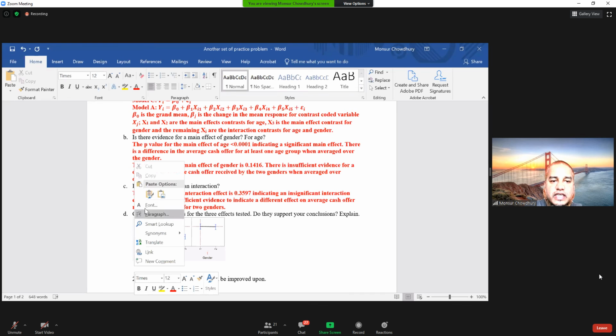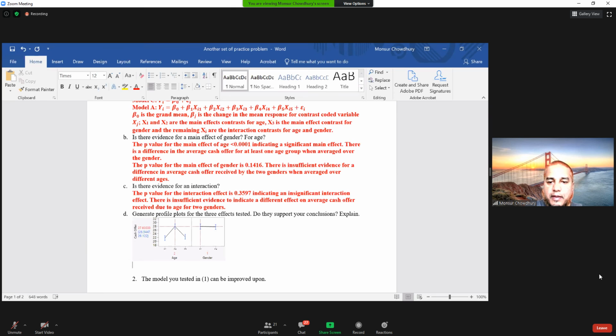Now we can say that for the main effects, the profile plot for age indicates a higher average cash offer made to the middle age than for either young or elderly.